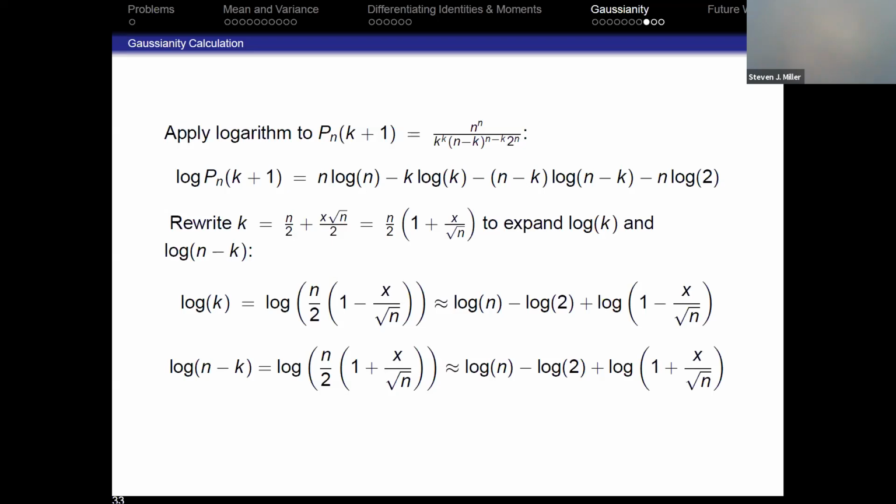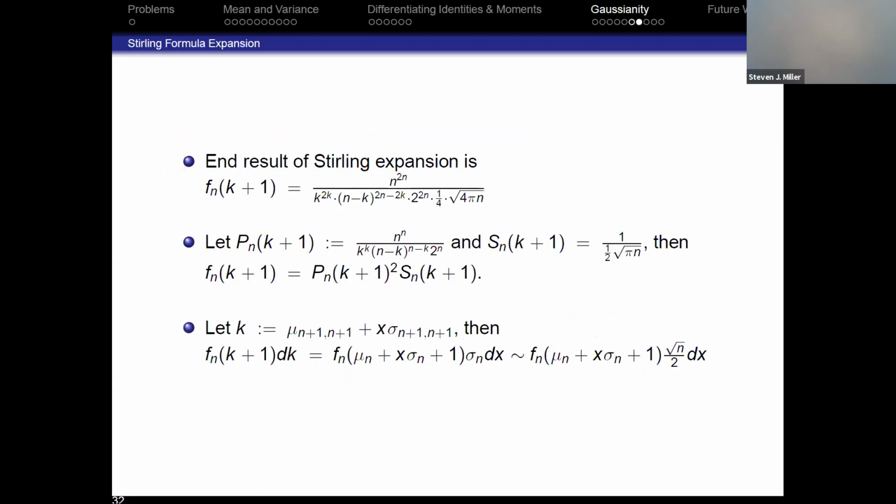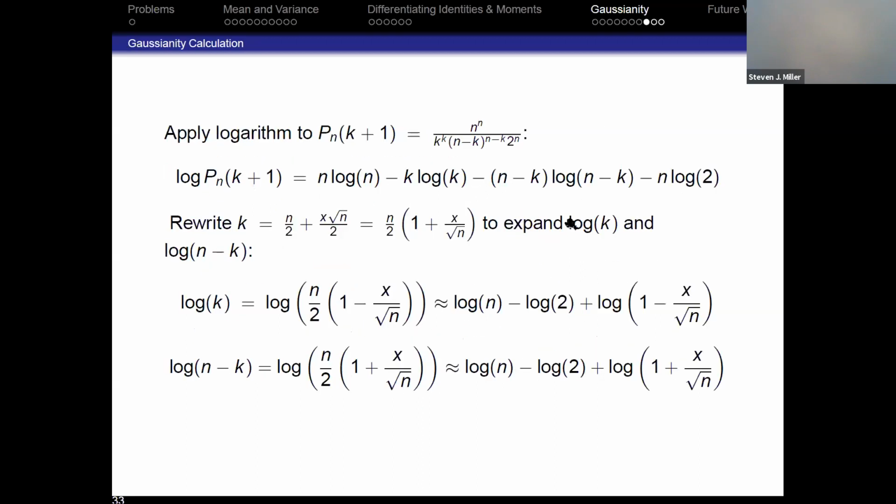And now we need to do some work to expand the log of k. We tried to write it in this way and then this way. We showed that the mean is about n over 2, and we showed that the standard deviation is of size square root of n.